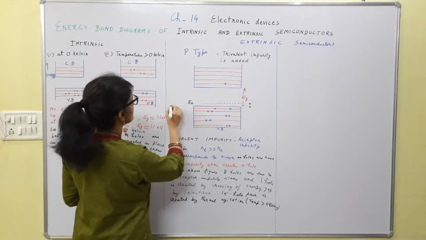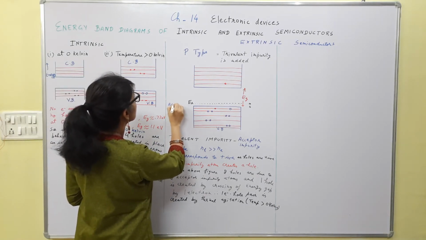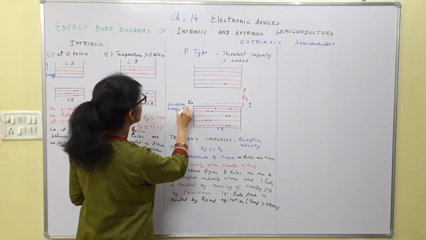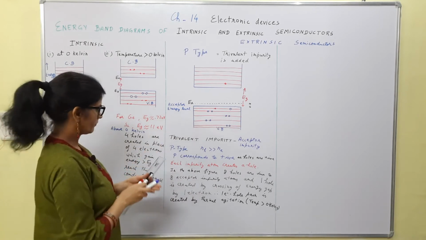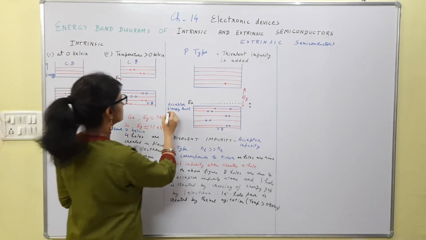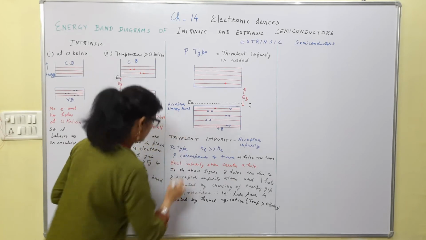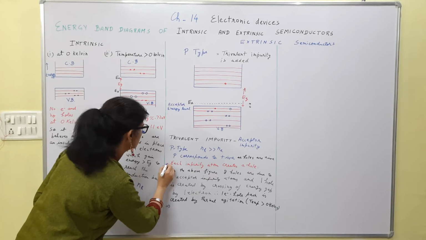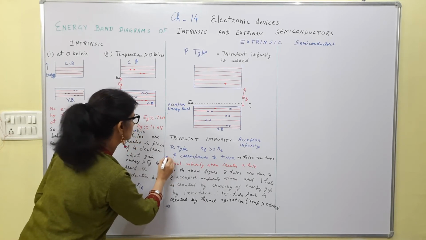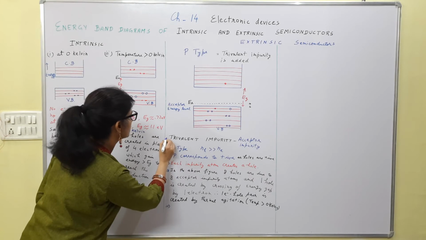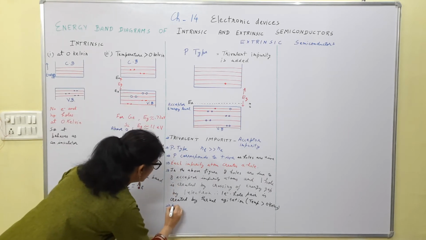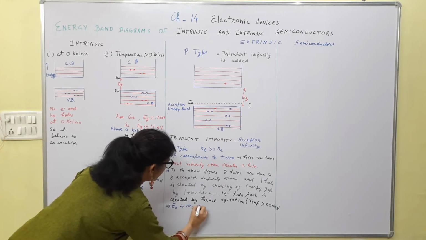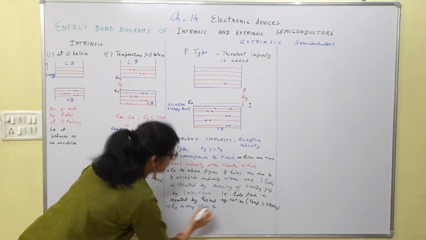So you can write down here acceptor energy level. So we can just mention these points. EA is very close to valence band.